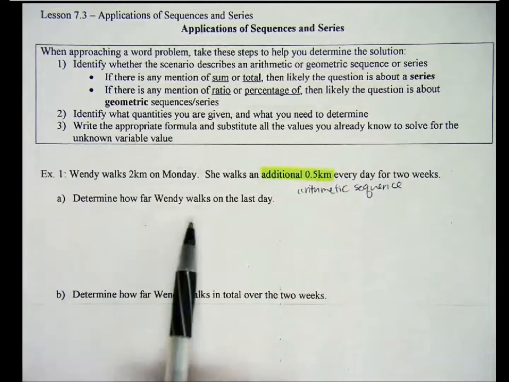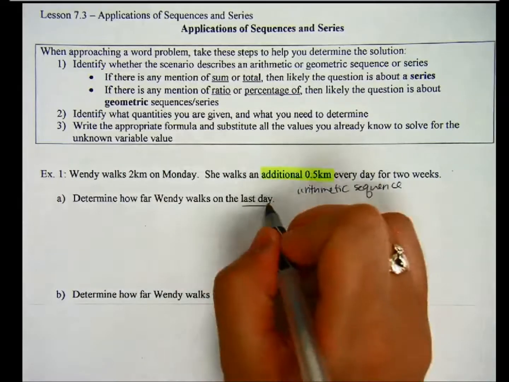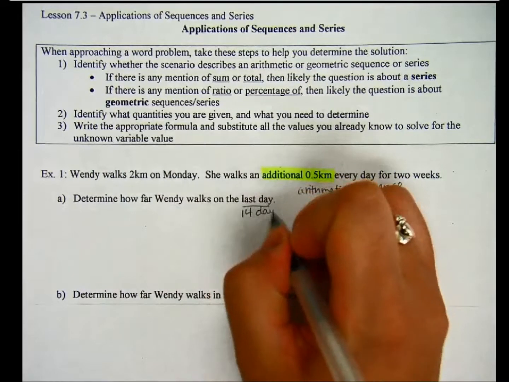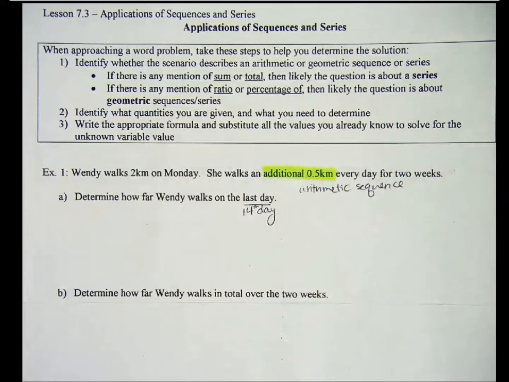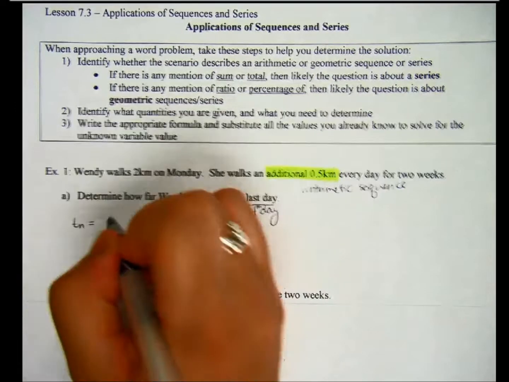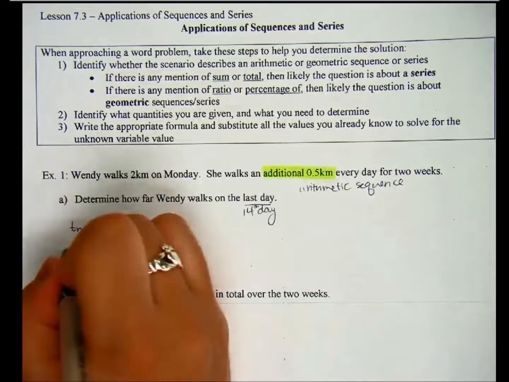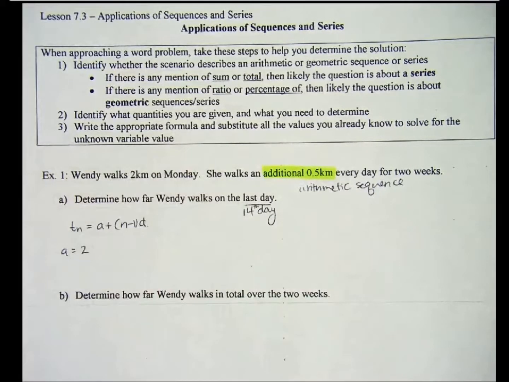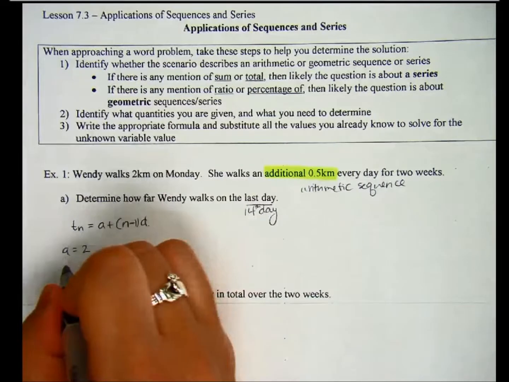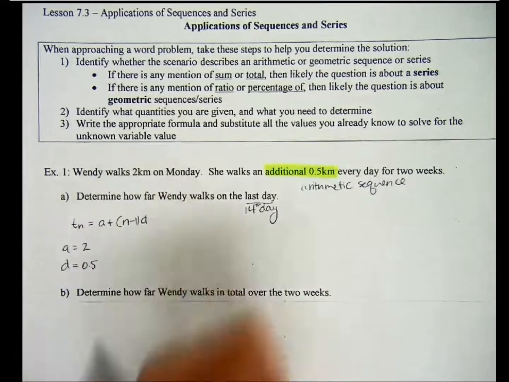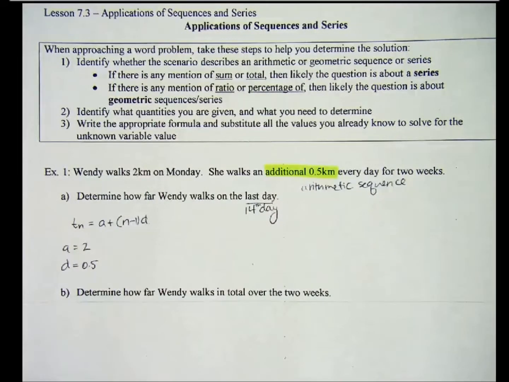We need to determine how far Wendy walks on the last day. So this is on the 14th day. Tn equals a plus n minus 1 d. We know that she walks 2 kilometers on Monday, so that's our a value. We know that she walks an additional half a kilometer every day, so d is 0.5.